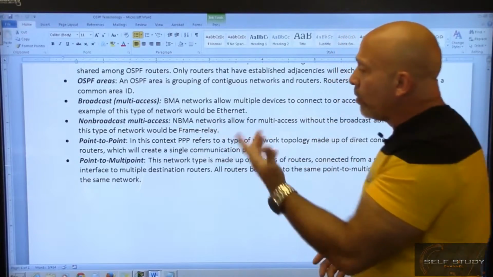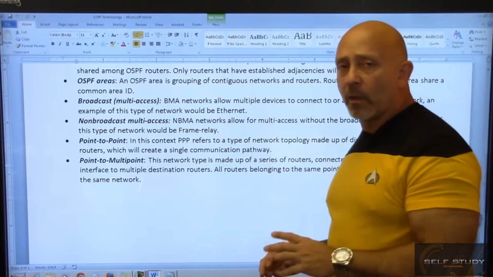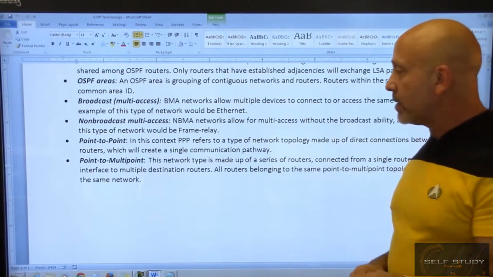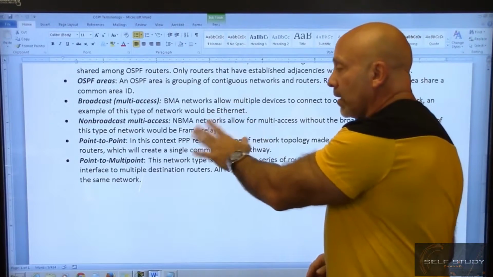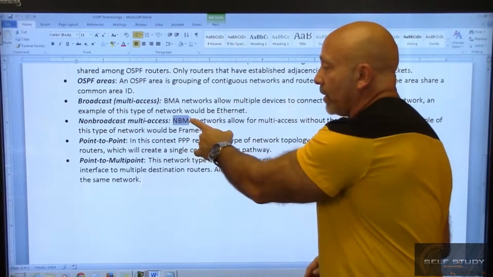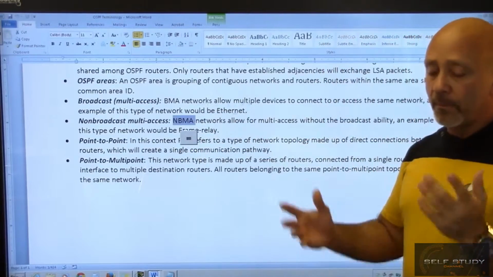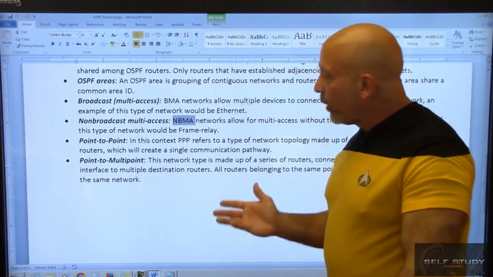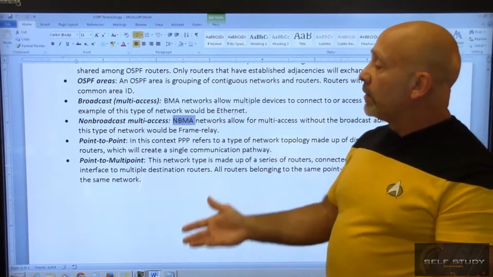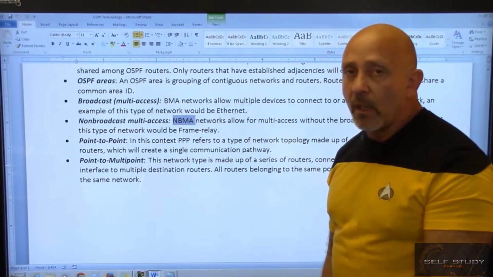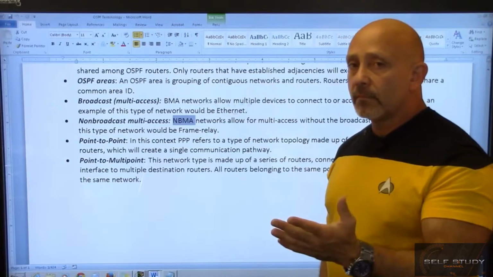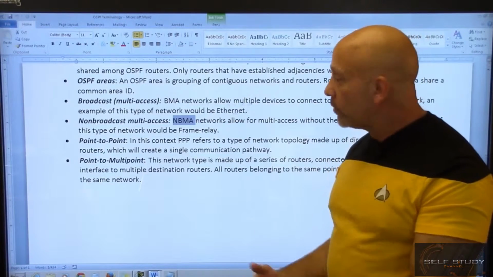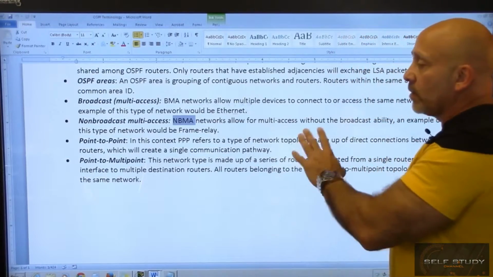We won't do a frame relay network for OSPF because the whole point for you is to learn what frame relay is, but it does exist. Frame relay is non-broadcast multi-access, so you run into the same situation of designated routers and backup designated routers. You need to be aware of these things when you get into this typical scenario.